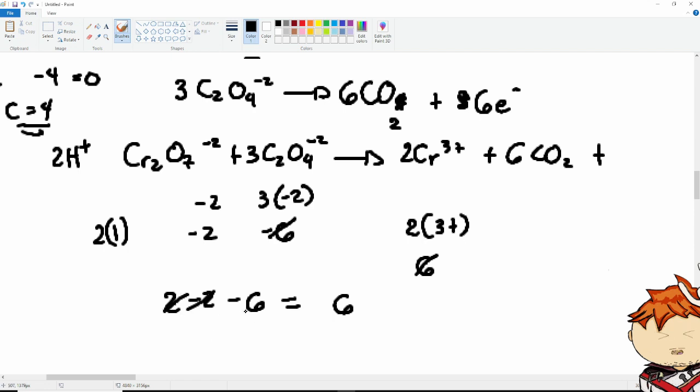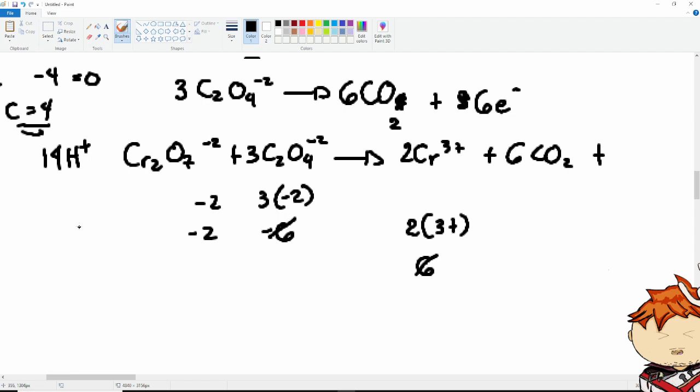So this will become negative 6 and positive 6. So in order to compensate, we need more, right? So we need 14H plus. Sorry, we make mistakes, but at the end of the day, we need to rewrite our mistake, right?